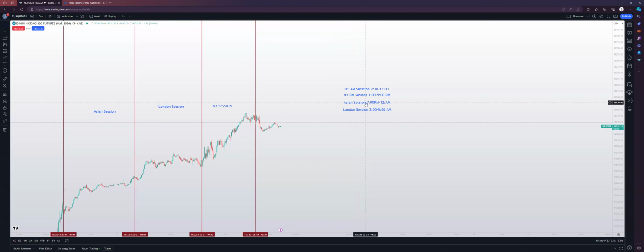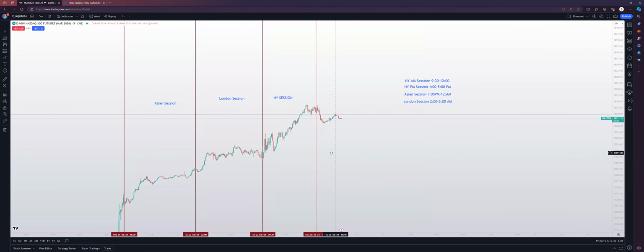Asian session starts at 6 p.m., but it is best to wait until around 7, maybe even 8 o'clock. It comes down to personal preference, it depends on what you see for volume. All right. So from 7 p.m. until 12 a.m. is the ideal time to trade Asian session.